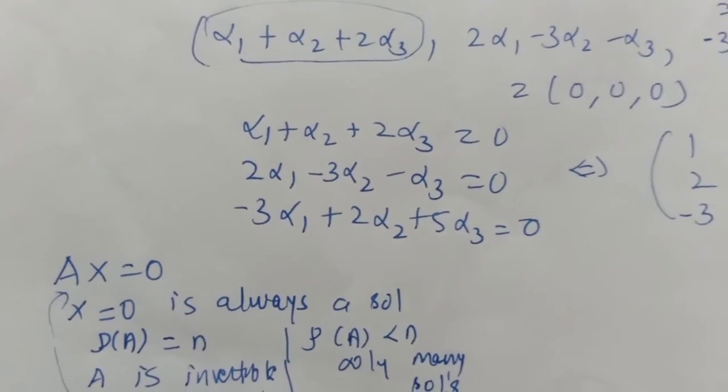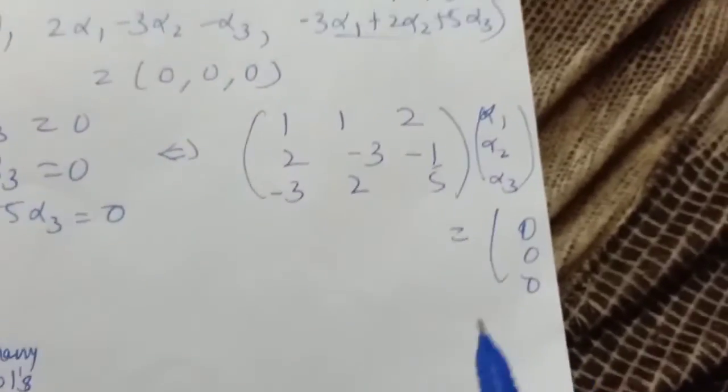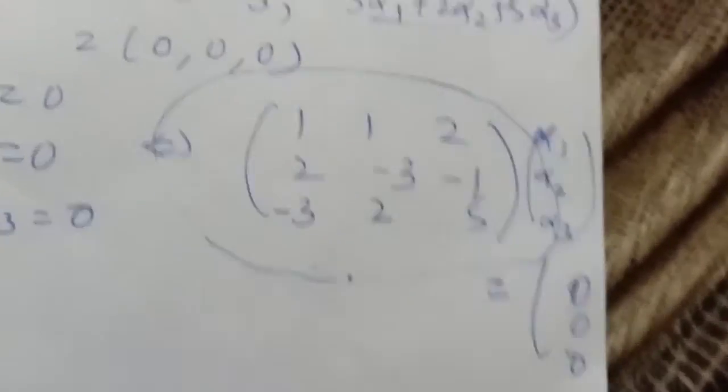Alright. So what are we to do now? In this case, we just have to check the rank of this matrix. How do we check the rank of this matrix? Let us try to recall it. The matrix is rows (1, 1, 2), (2, -3, -1), (-3, 2, 5).